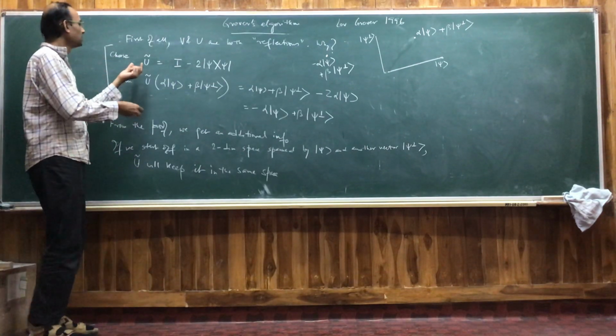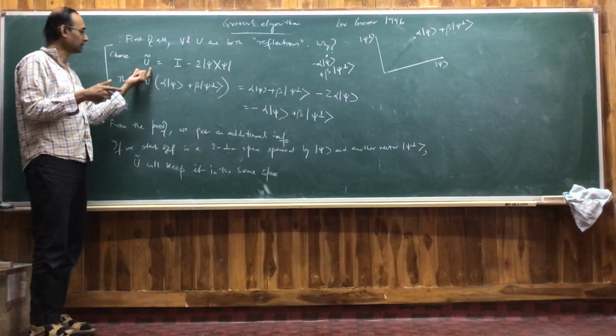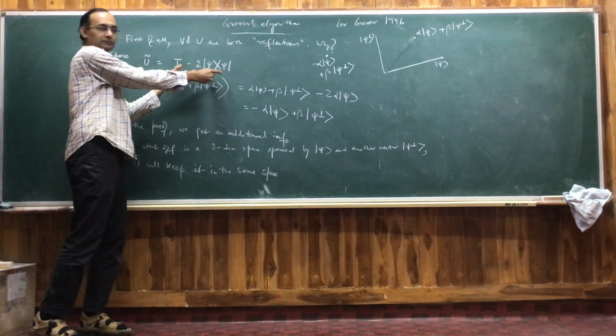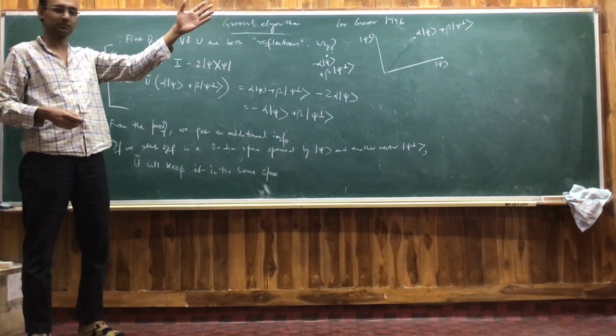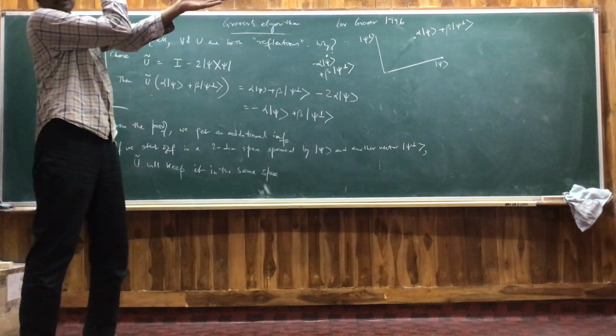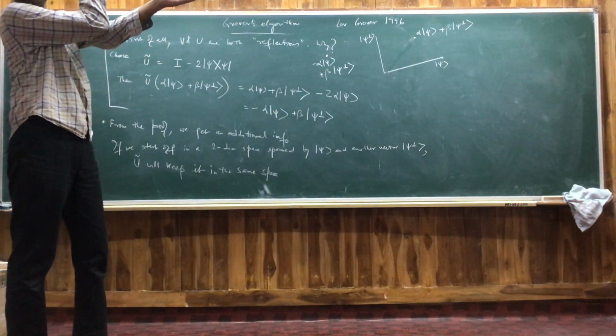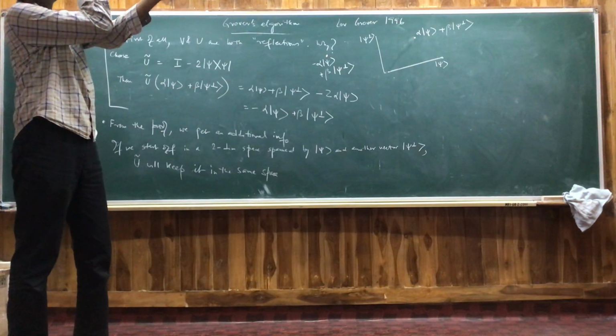The point is that I have a U that is a reflection of this type, that is identity minus twice of something. I take that something, that psi, and I choose something that is orthogonal to it, and apply it to a vector that is on the plane of these two.